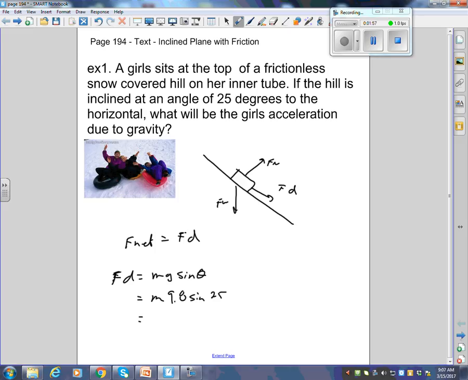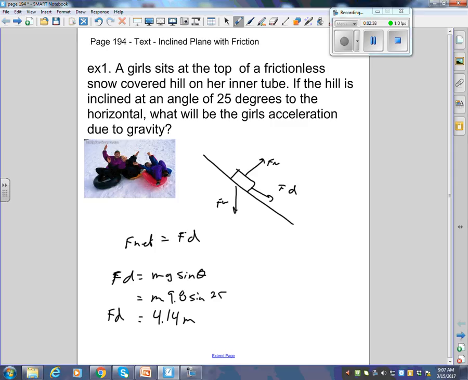And I guess I'll have to actually calculate that. 9.8 times the sine of 25 is 4.14. So I'm going to say 4.14 m because I don't know the mass.